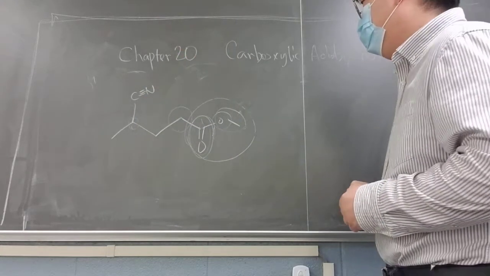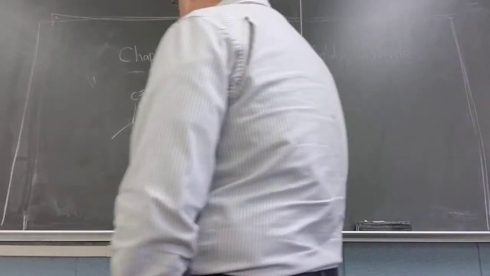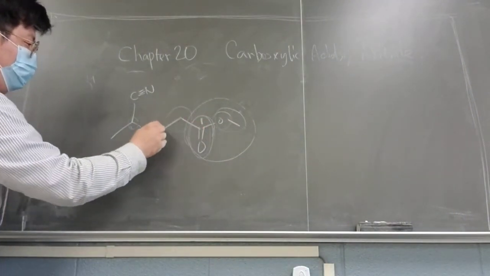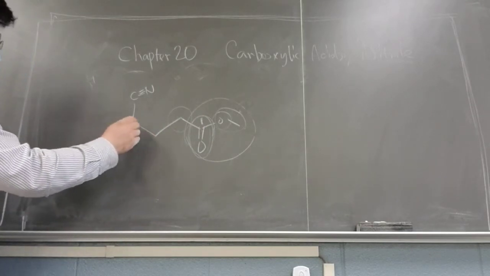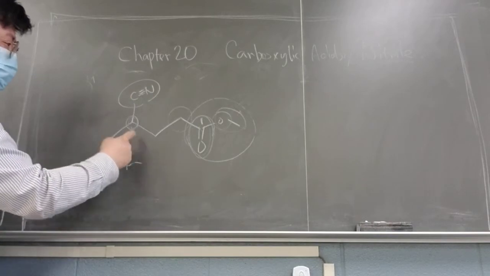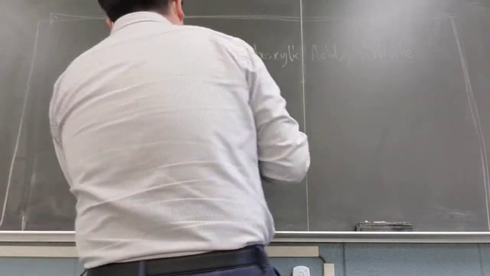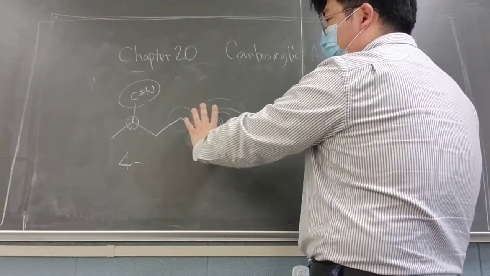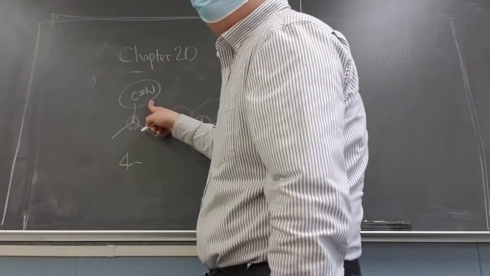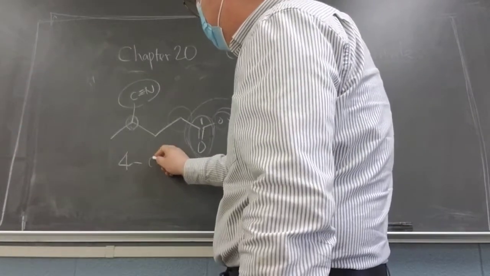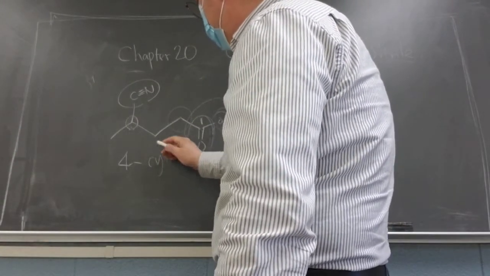Okay, so in this case, it's pretty much the same. You count the carbon from here. So 1, 2, 3, 4, 5. So this nitro group is at position 4. But we have this one as your suffix, so we have a special name for this one. You might have heard this already from the last chapter. Cyano.